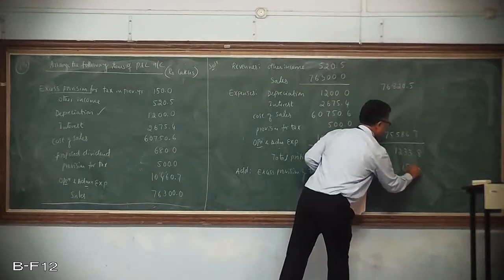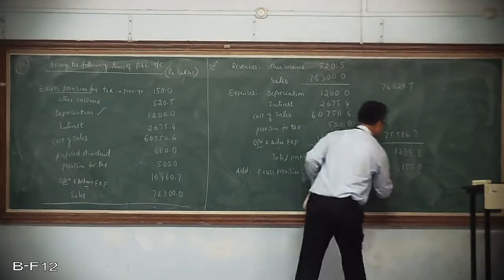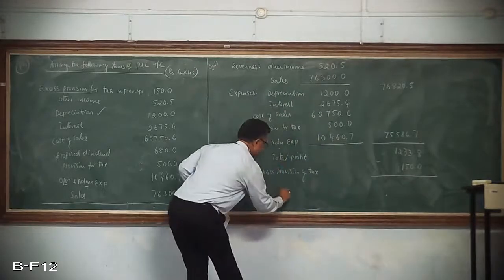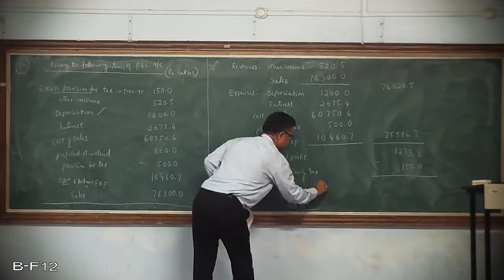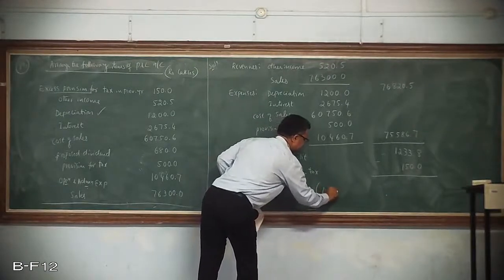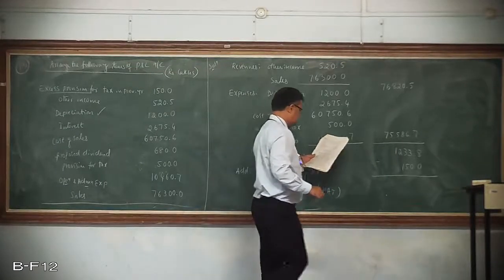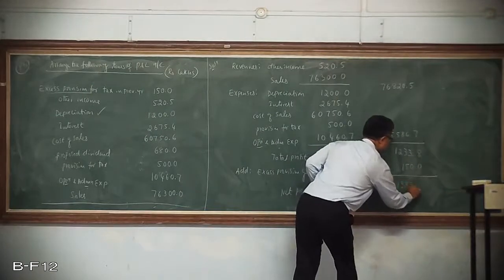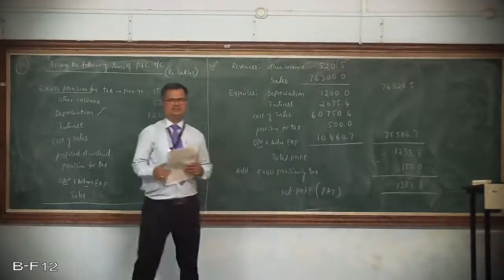Okay. So you are going to get the net profit, also called PAT, profit after tax, that is 1383.8 lakhs. This is the net profit.